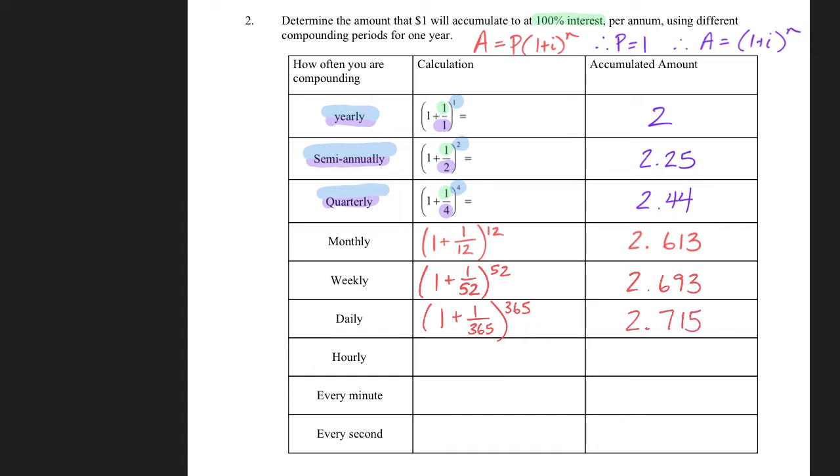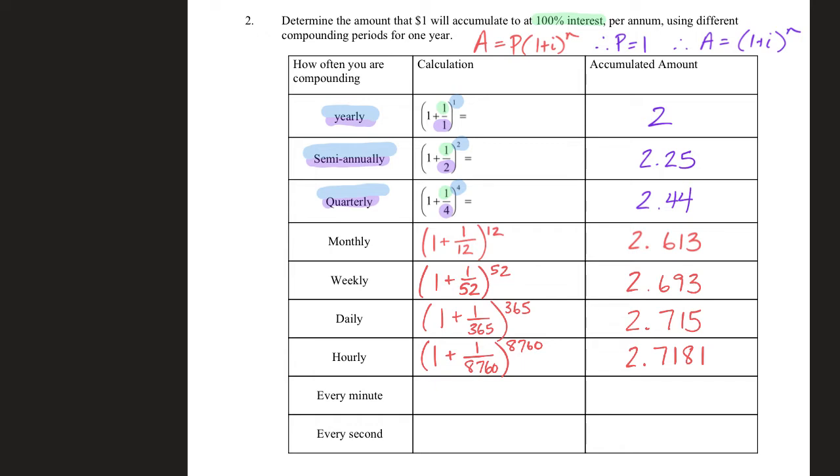If we then took our number of days in a year and multiplied that by 24 to get our hourly, 24 hours per day, then we find out that there is approximately 8,760 hours in a year. We calculate that, and we're going to now get 2.7181, and so on. And I think some of us are seeing where this pattern is going.